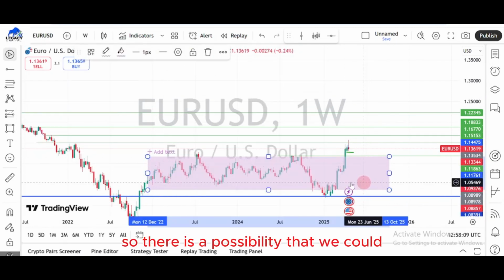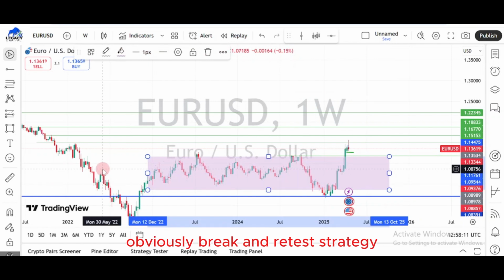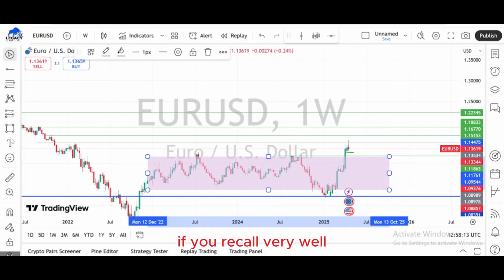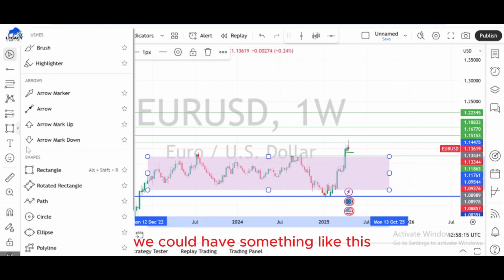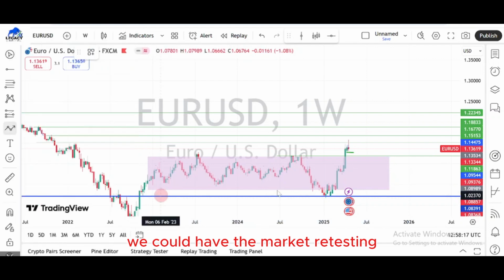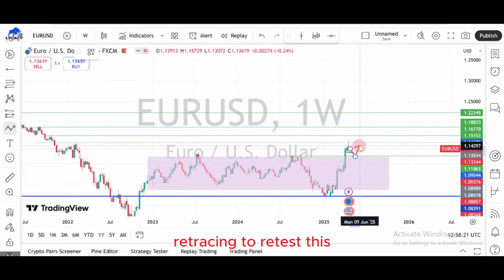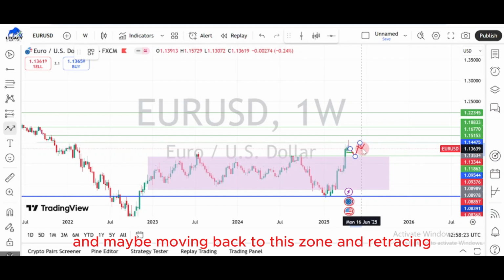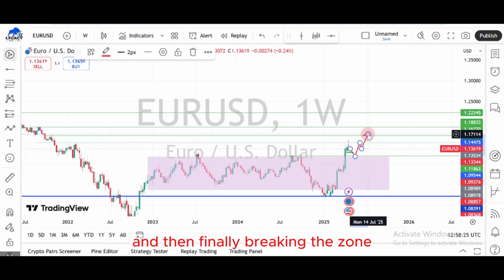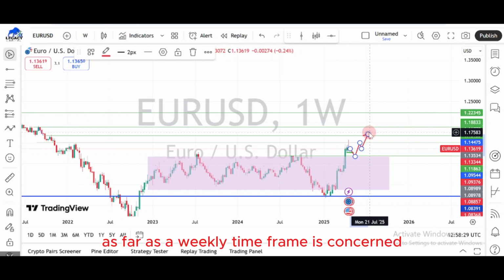So there is a possibility that we could have a break and retest strategy. If you recall very well, we could have the market retracing to retest this, and maybe moving back to this zone and retracing, and then finally breaking the zone. That's what we should be expecting as far as the weekly time frame is concerned.